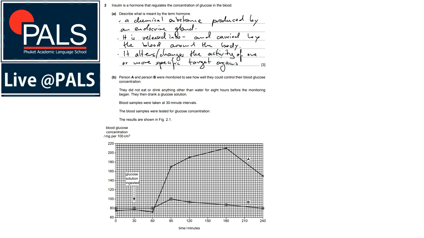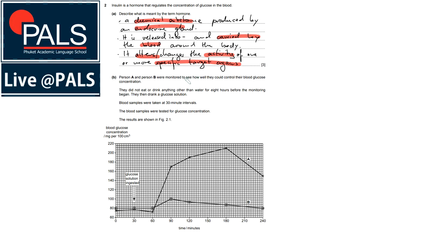So the points that we get here are for chemical substance produced in an endocrine gland, carried by the blood, and alters activity of the specific target organ. Those are our 3 points.